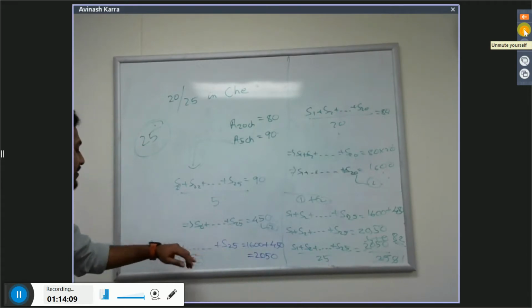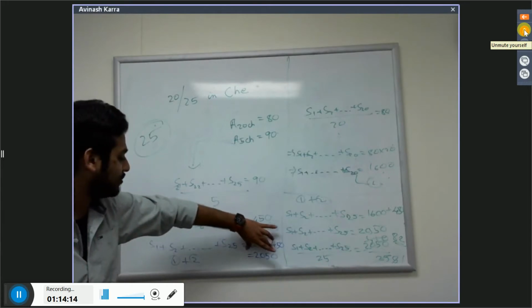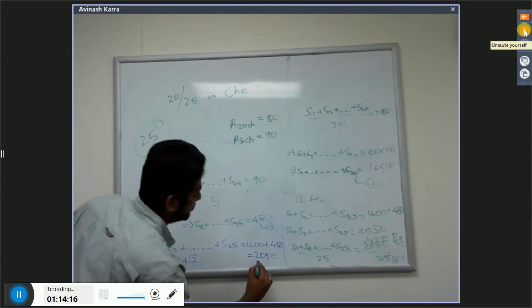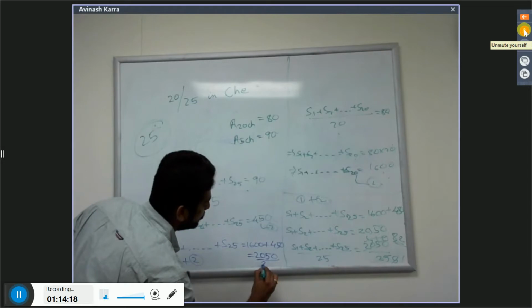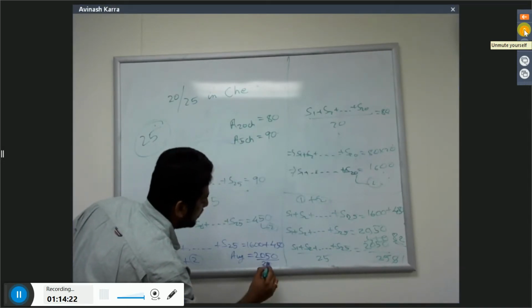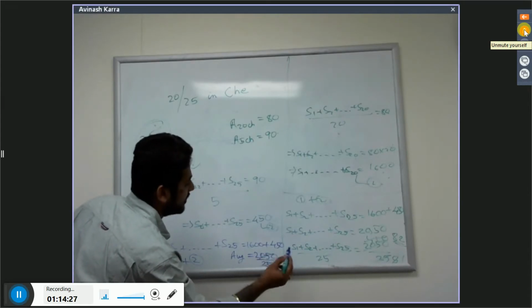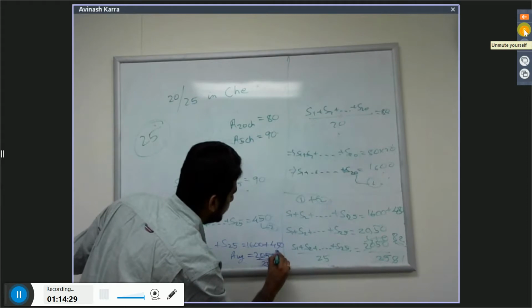If I take the average, it is nothing but the sum of all the scores of 25 students by the number of students. Simplified, 25. What is the value you got? 82.